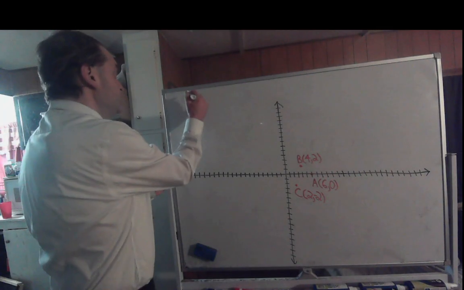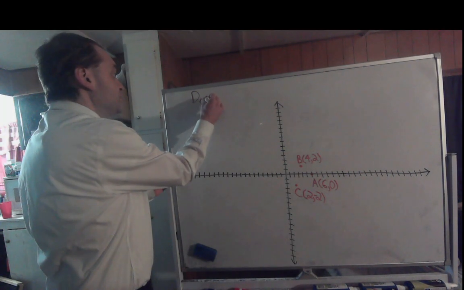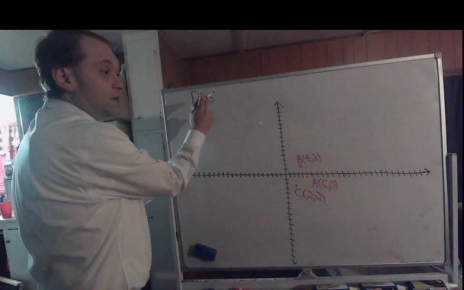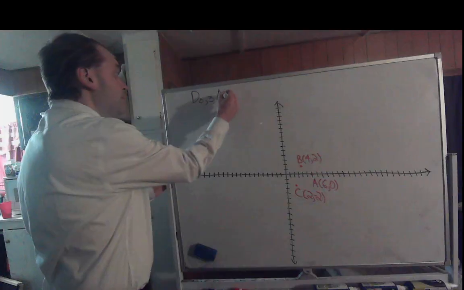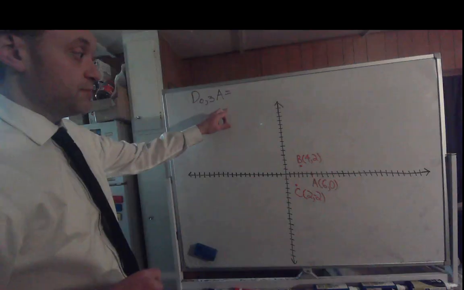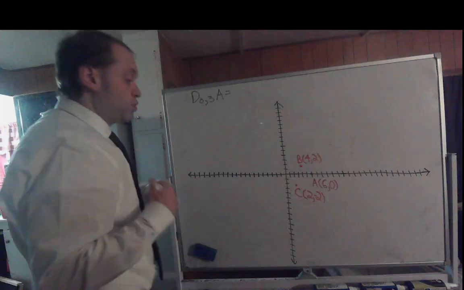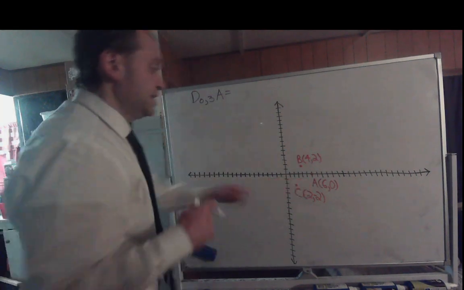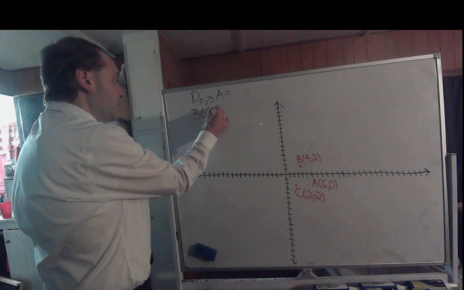Now this time, we're going to dilate through the origin with a scalar multiple or a scale factor of 3 at point A. So let's do this with a scale factor of 3 through the origin at point A. So go ahead, take your coordinates for A, which would be 6, 0, multiply it by 3. So take 3 times 6, 0.